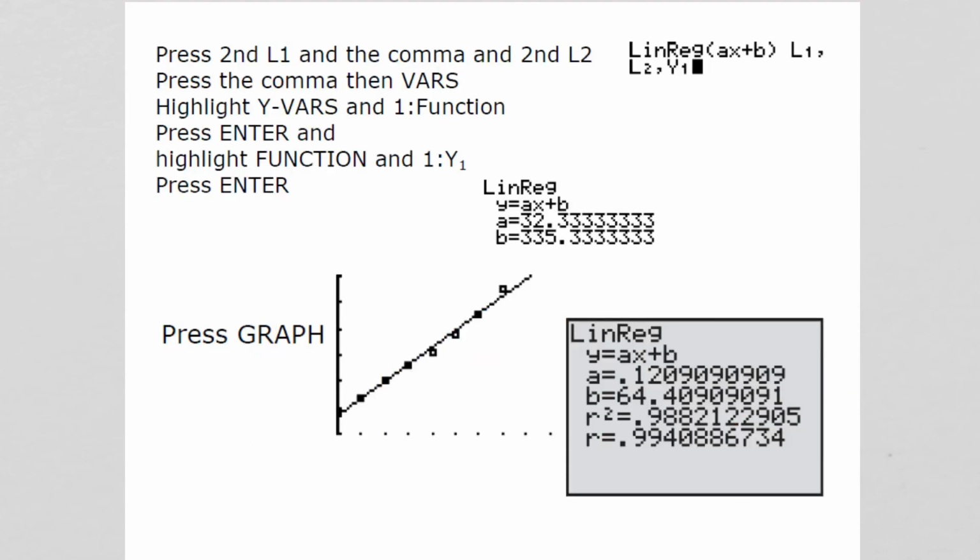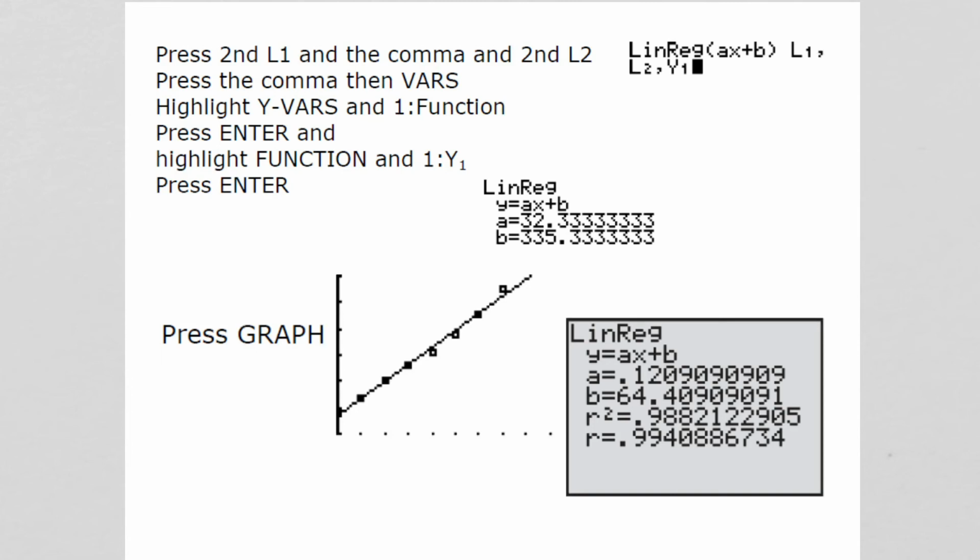And again, the 84 looks a little bit different, but basically select L1, select L2. If you're using an 83, you have to go down to 1 and press second 1, I think, and then comma, second 2.